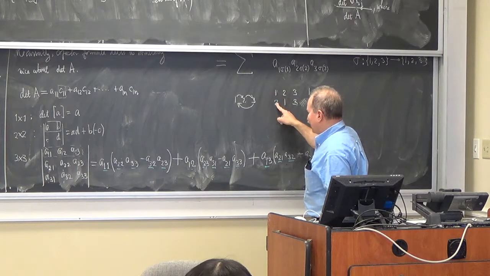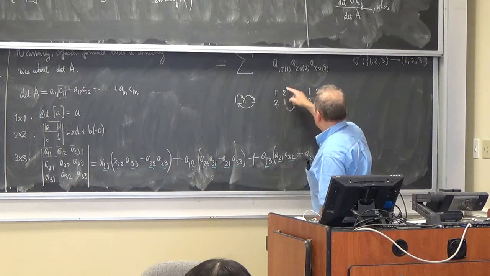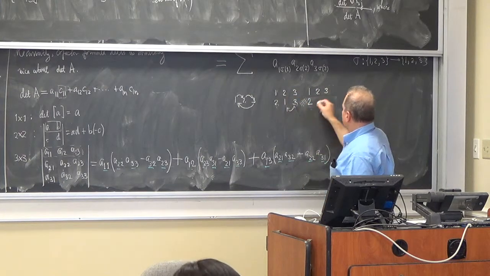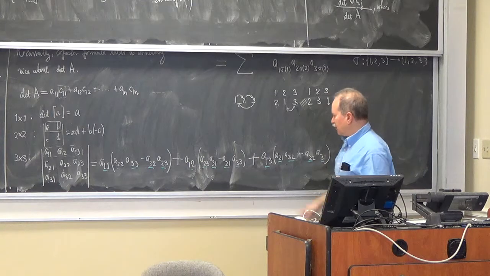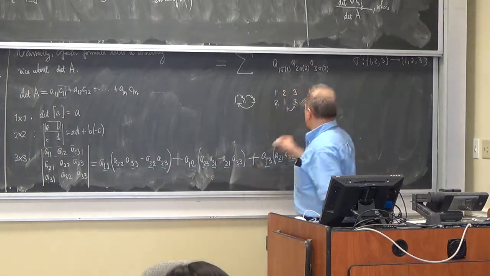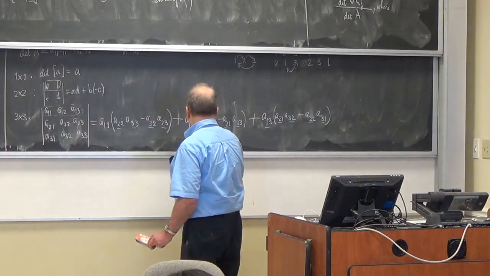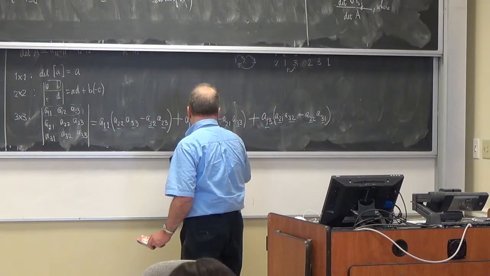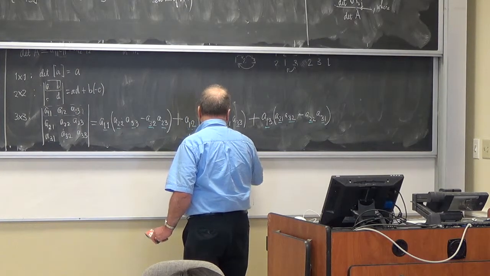I got that. Now I've got to switch these two. 1 goes to 2. Switch these. So then 2 is going to 3, and 3 is going to 1. And that's what we wanted here: 1 goes to 2, 2 goes to 3, 3 goes to 1. So this was 2 switches, and so I get a plus sign.